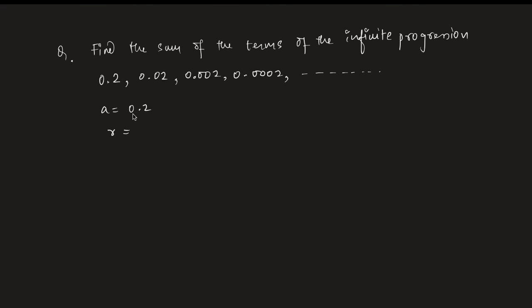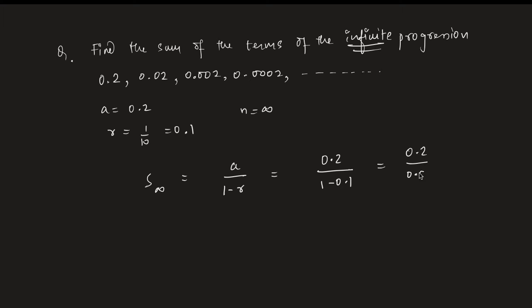What is r? r is 1 by 10, which is 0.1, and n is infinite, so n equals infinity. The sum of infinite terms of a GP is given by a upon 1 minus r, which can be written as 0.2 divided by 1 minus 0.1, which is 0.2 divided by 0.9, which is 2 by 9.